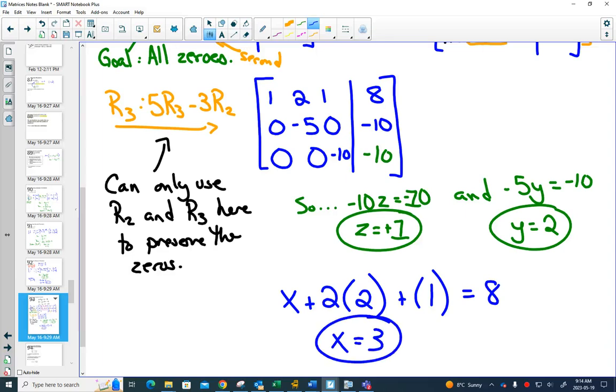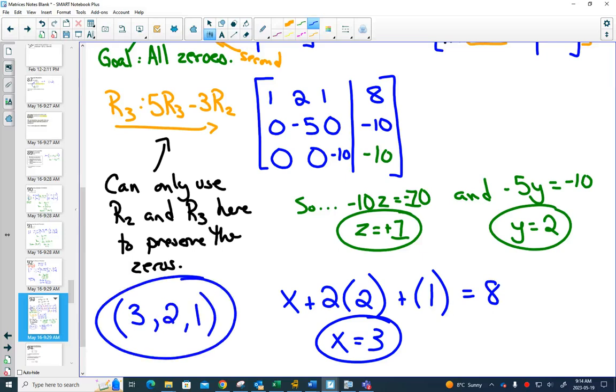And you get X is equal to 3. And your solution, X first, then Y, then Z, is our solution.